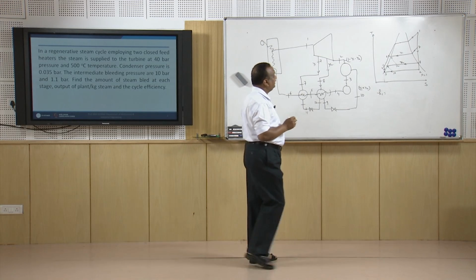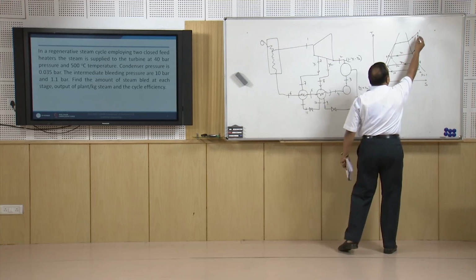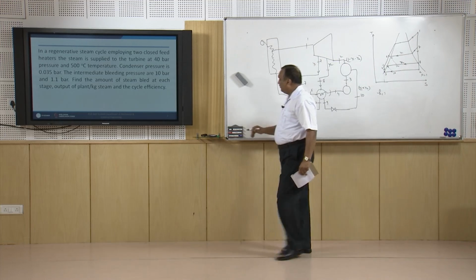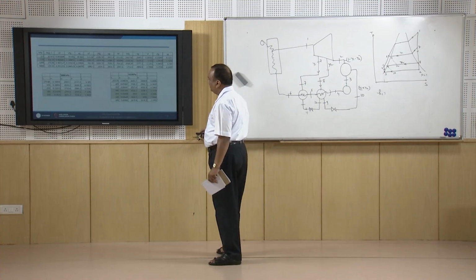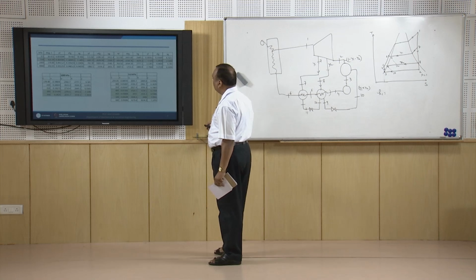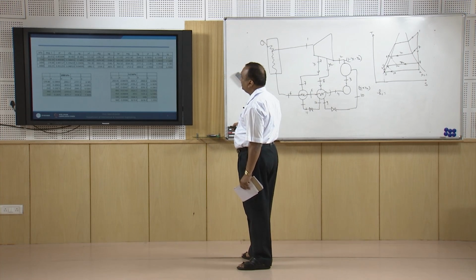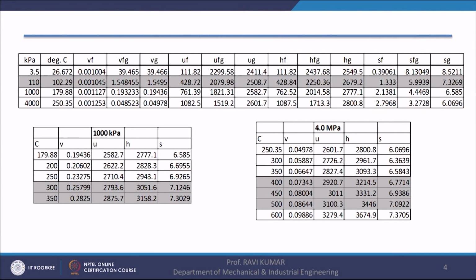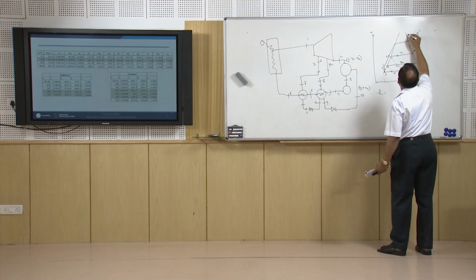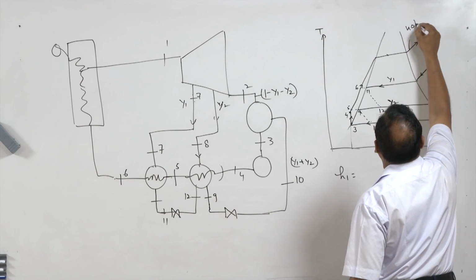Now, H1 is superheated steam, so we will have to refer to the table for superheated vapor. I have taken out the properties of superheated vapor. Sorry, it is not 10,000 kilopascal, it is 40 bar.